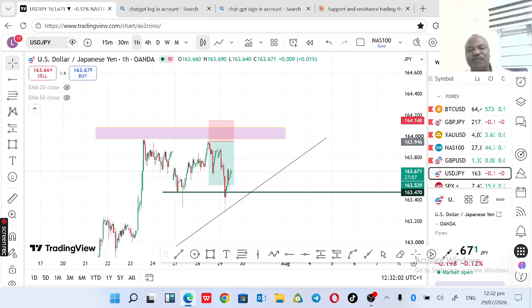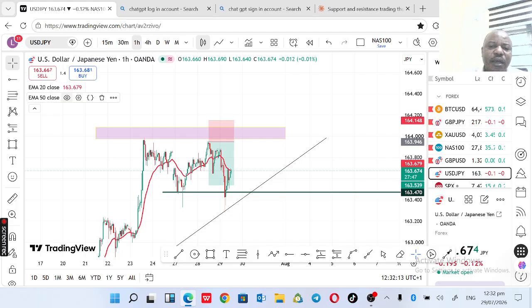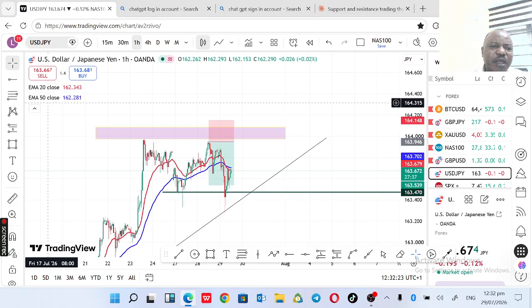So alternatively, I also have another way I trade this market in a way that it can give me accurate support and resistance. Now let me open up my EMA. Now, when you have your EMA, I've talked about this in my previous videos. How do you do this? You will have to open up your EMA 20 and the other 50.